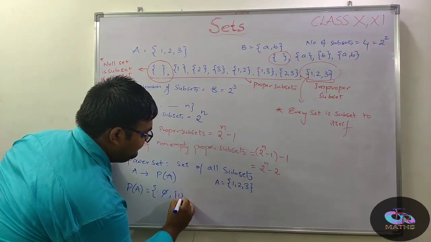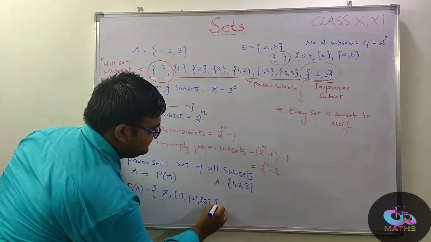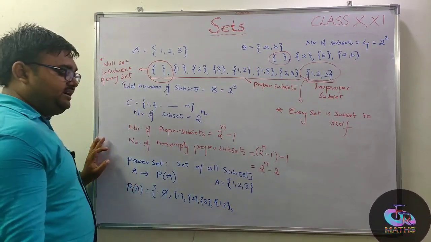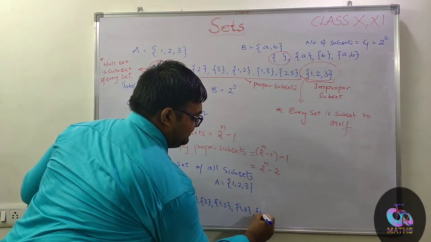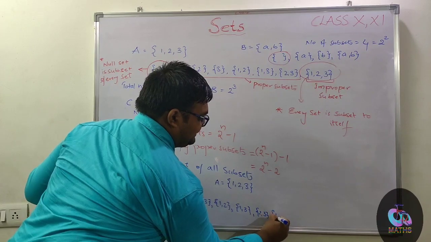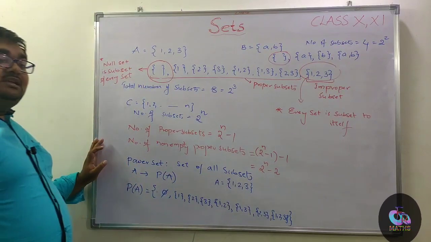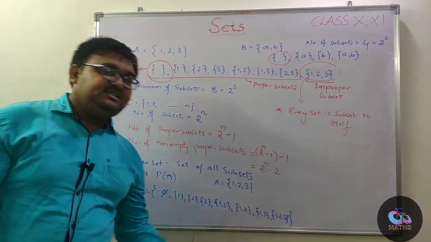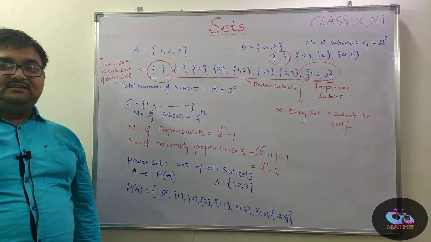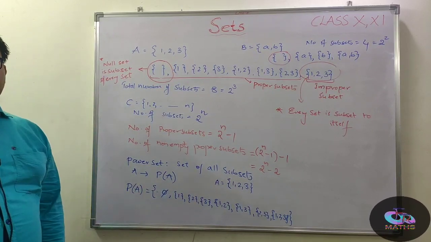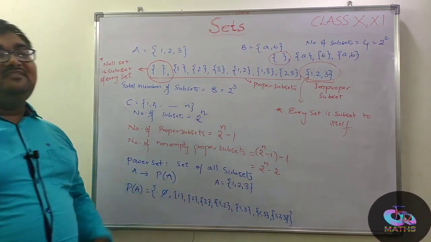Next, set containing element 1, set containing element 2, set containing element 3, set containing elements 1 and 2, set containing elements 1 and 3, set containing elements 2 and 3, next set containing elements 1, 2 and 3. If you write all the subsets within a set, then that set is called power set. So power set of the given set, P of A.